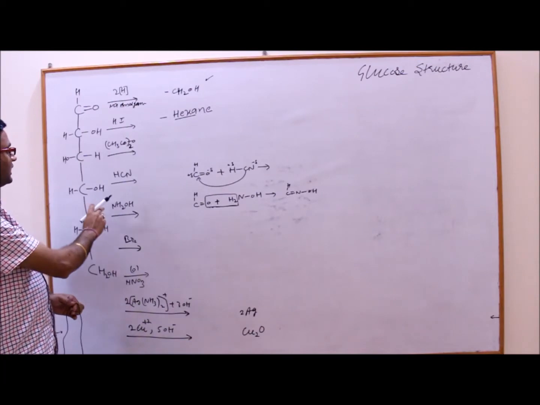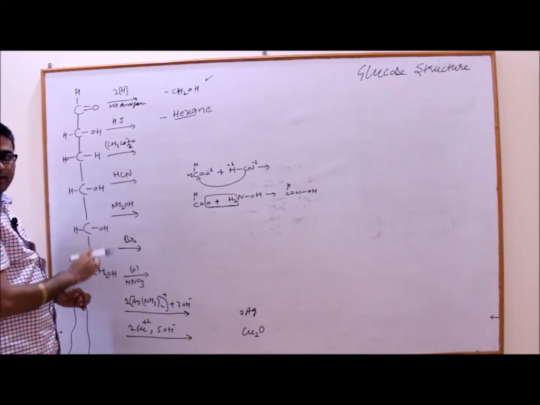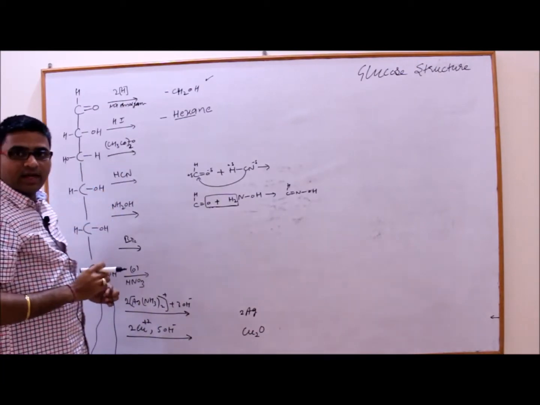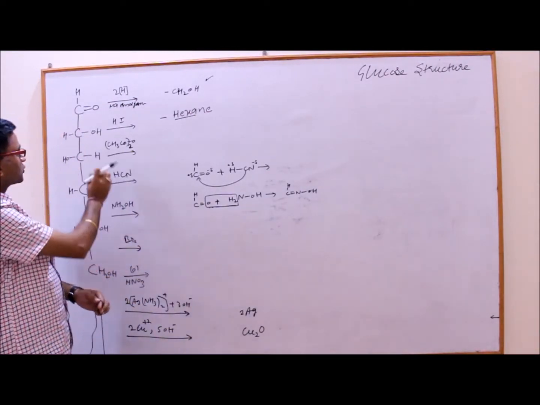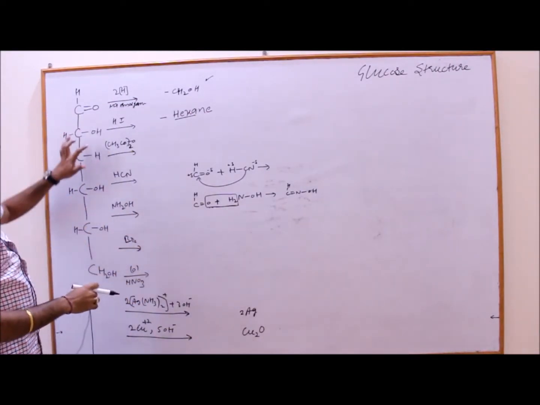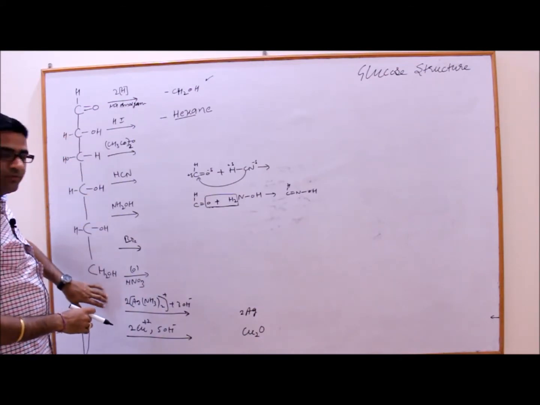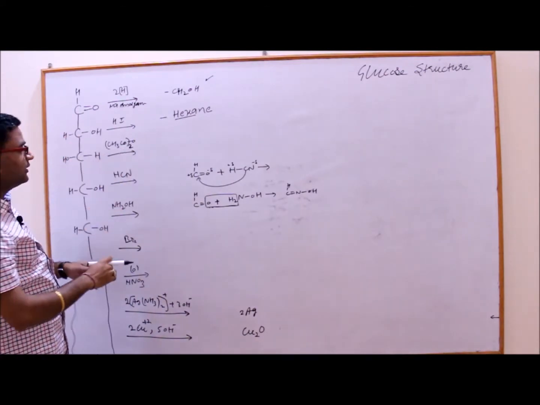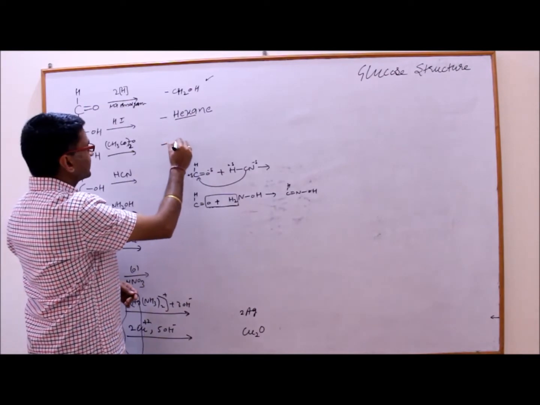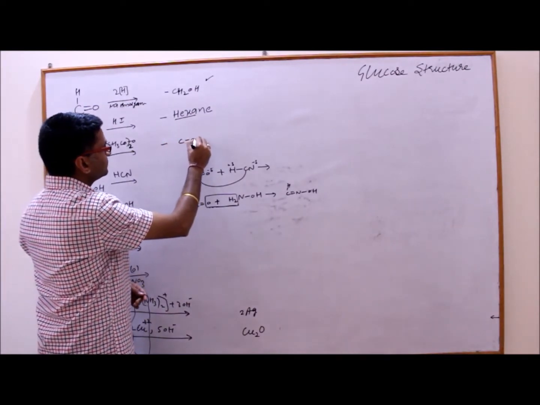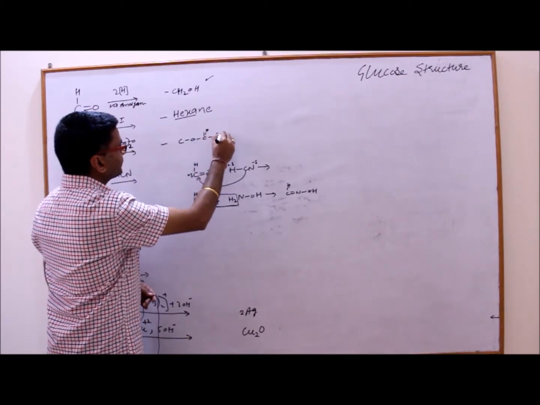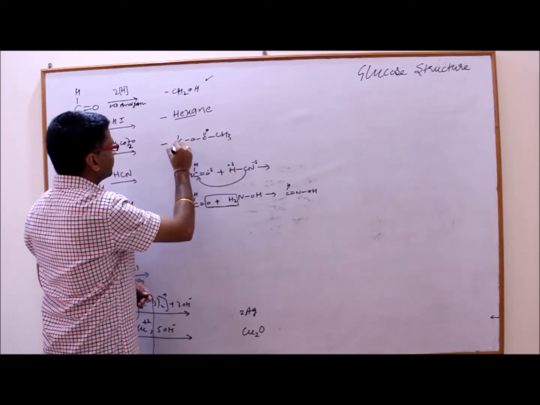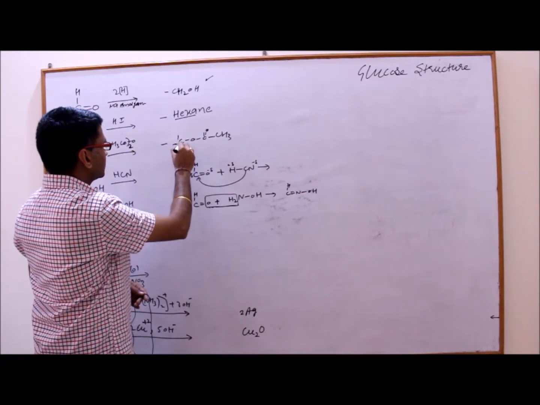After that is the acetylation reaction. We know that acetic anhydride reacts with alcohol to form an ester. So there is an alcohol group present. How many? 1, 2, 3, 4, 5. And this acetic anhydride formed an ester.